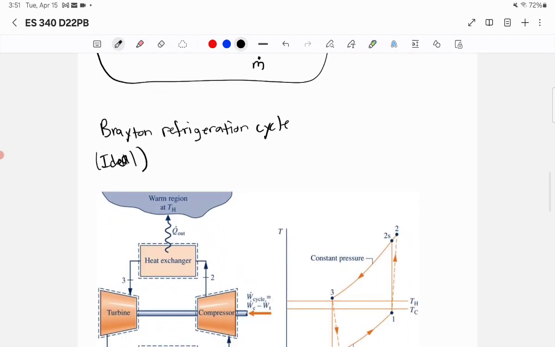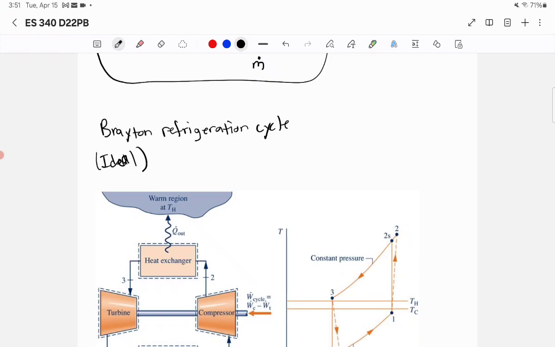Now this is an interesting one, and because we were talking about refrigeration, we'll talk about the Brayton refrigeration cycle. There are some key details that might be slightly different, but if you reverse the Brayton refrigeration cycle, you can get something akin to the Brayton power cycle, which is itself quite interesting.